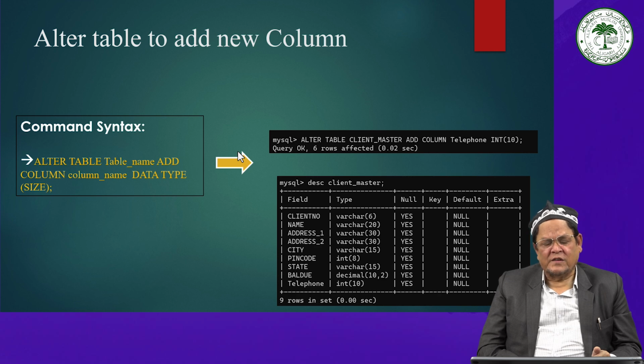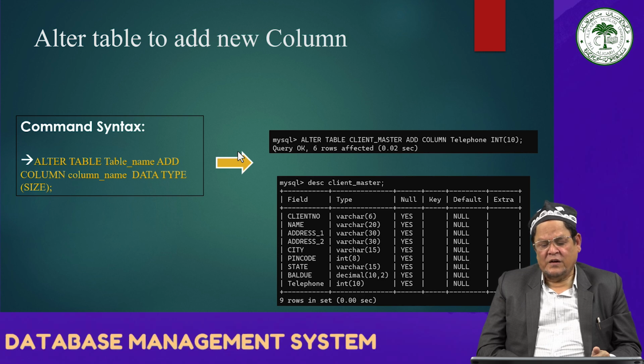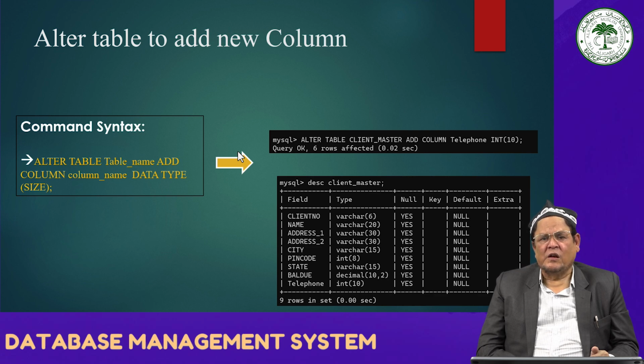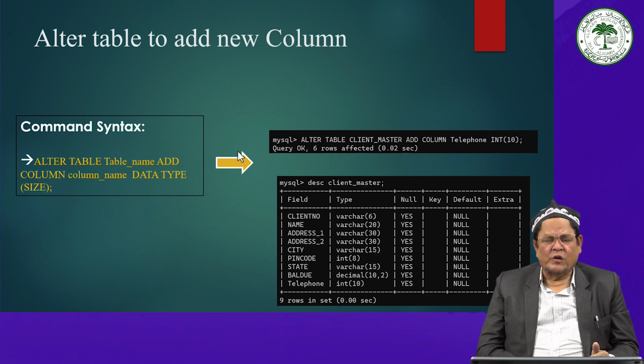So what will be the statement? Alter table client master add column telephone number. Suppose we want to add a telephone number. The telephone number will be integer, int, and the size will be 20 or 10, whatever. Here I have used 10. When you press enter, the message will be Query OK.